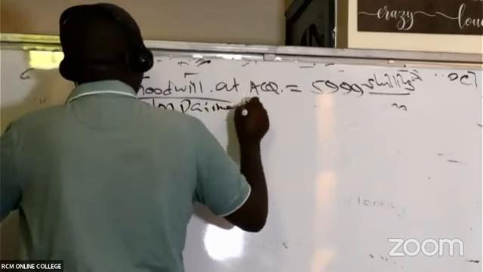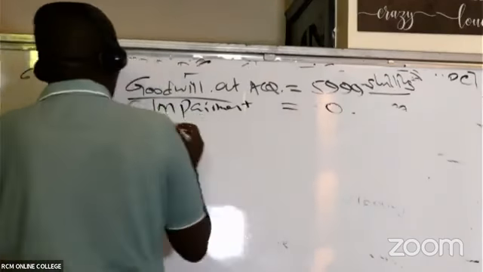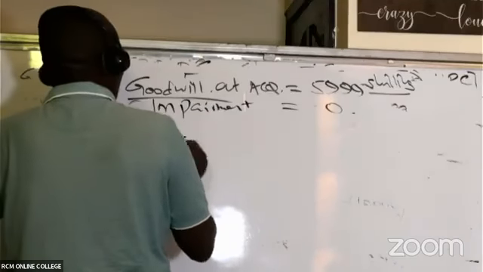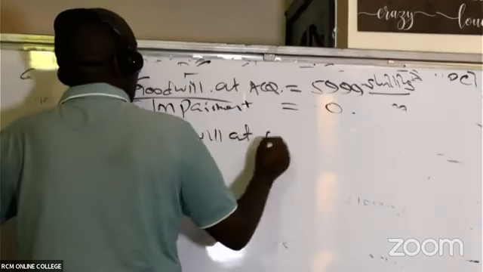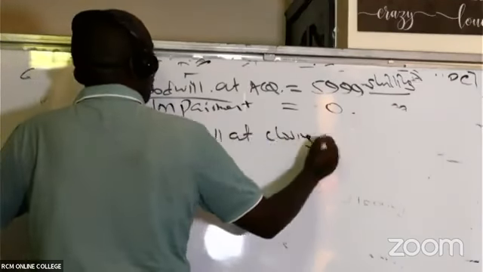Impairment: no impairment, 0. So in this case, we get goodwill at closing, which is 59,999. Now you look at what we call translated goodwill. Go ahead and translate this.